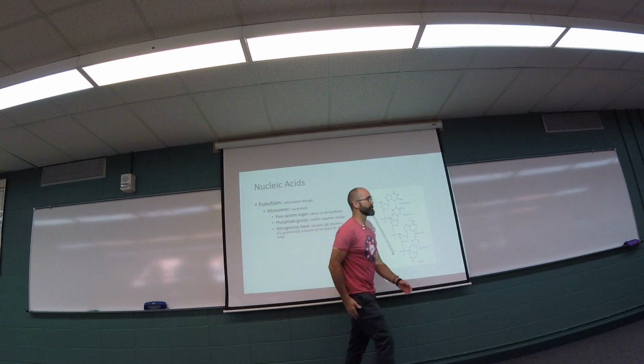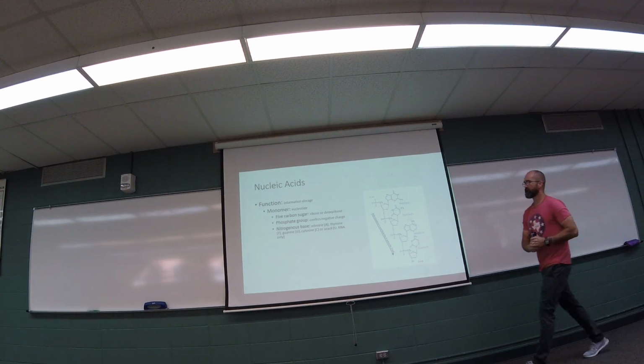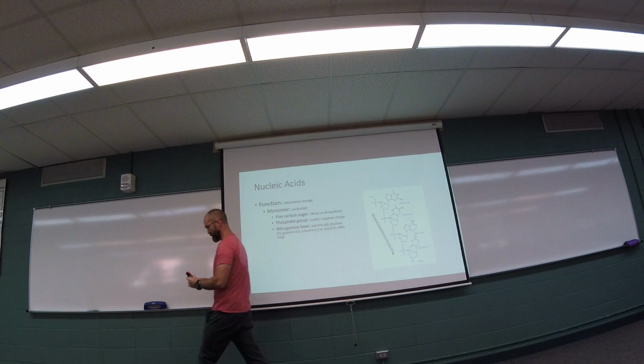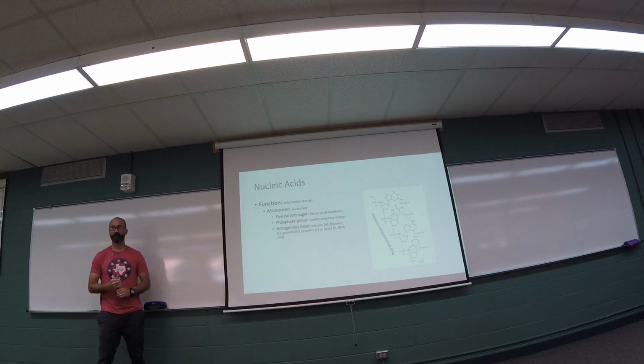And that 5-carbon sugar is going to vary between nucleic acids. DNA uses a 5-carbon sugar called deoxyribose, and RNA uses a 5-carbon sugar called ribose. Hence, DNA, deoxyribonucleic acid, or RNA, ribonucleic acid.